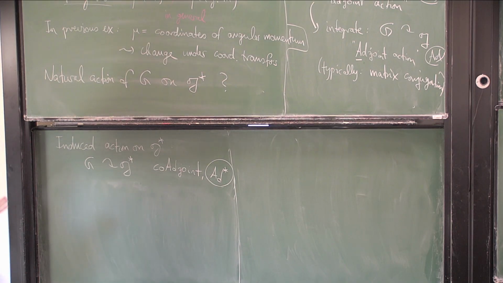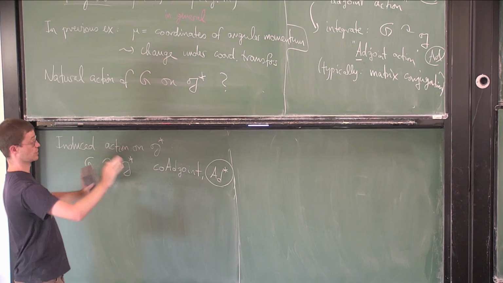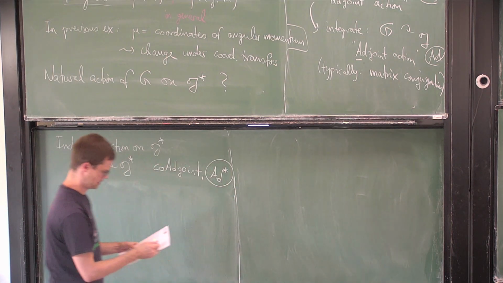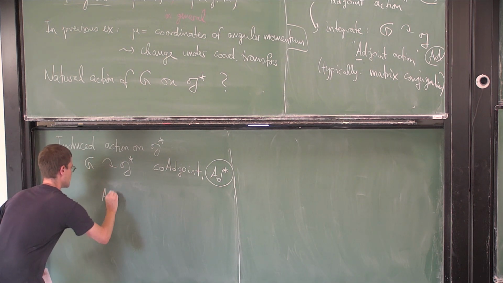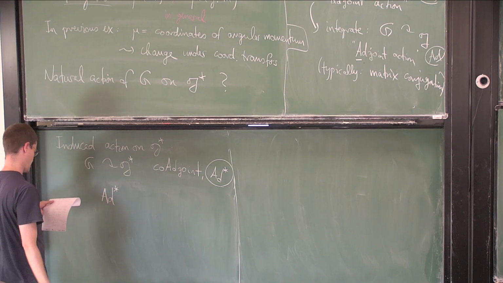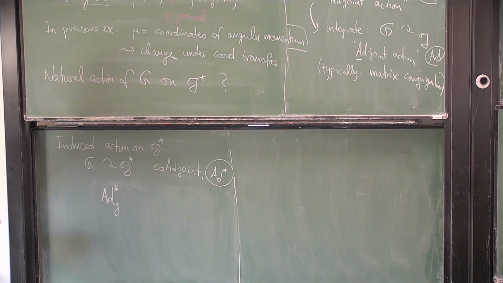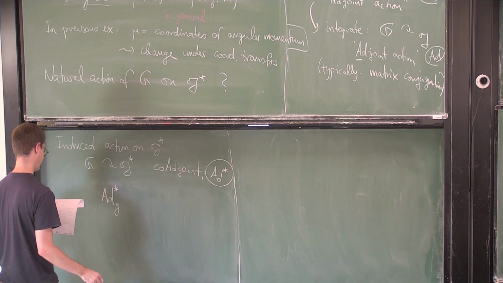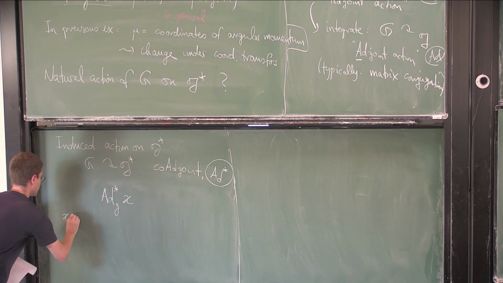G star is defined as the linear operators on G. So I will give you this formula: Ad star of g applied to X, where X is an element of this dual Lie algebra.